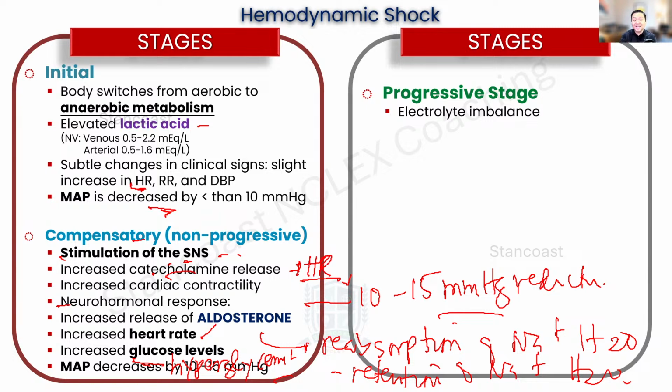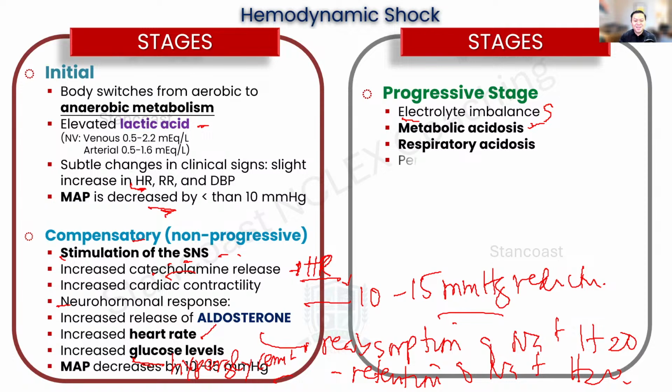There will be electrolyte imbalances and possibly acid-base imbalances because of lactic acidosis. Remember about the lactic acidosis? The person will possibly complicate into metabolic acidosis and possibly respiratory acidosis as well because of an increasing buildup of carbon dioxide in the blood.